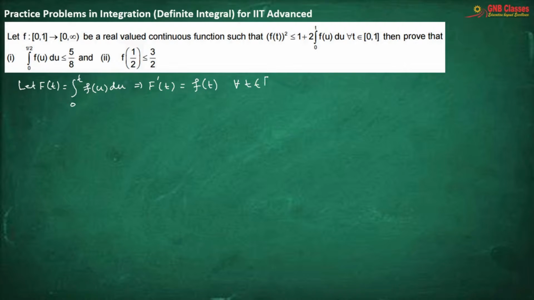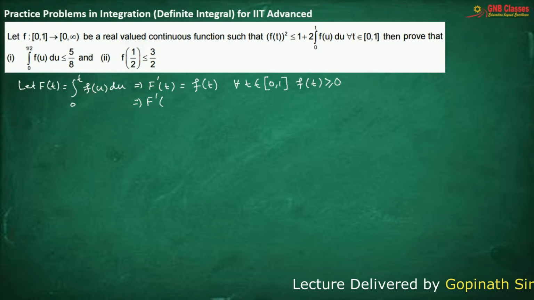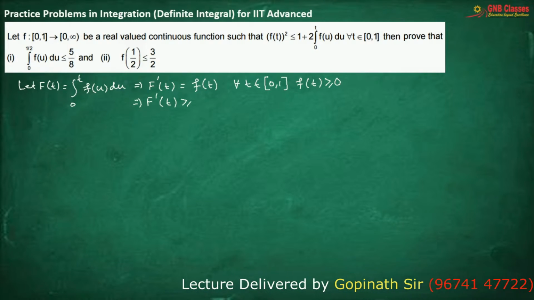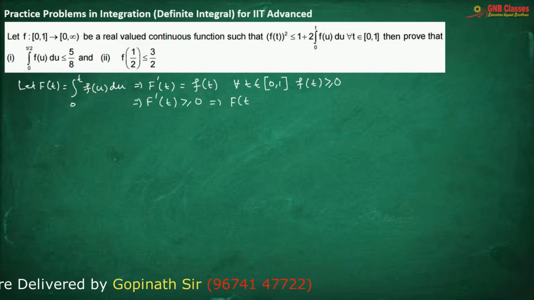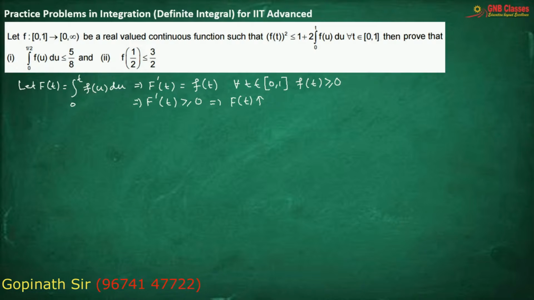Now from the definition of the function, it has been said that for all t belonging to 0 to 1, f(t) is always greater than or equal to 0. So that implies capital F dash t is greater than or equal to 0, which implies capital F(t) is an increasing function.